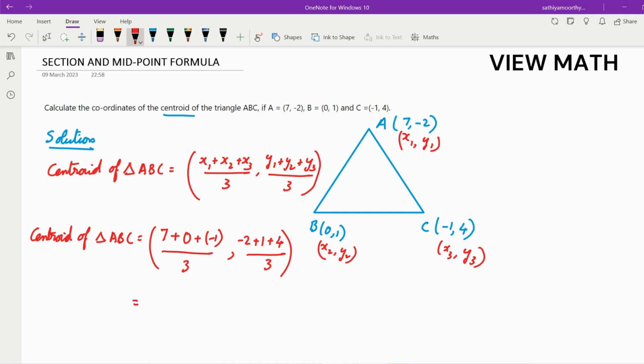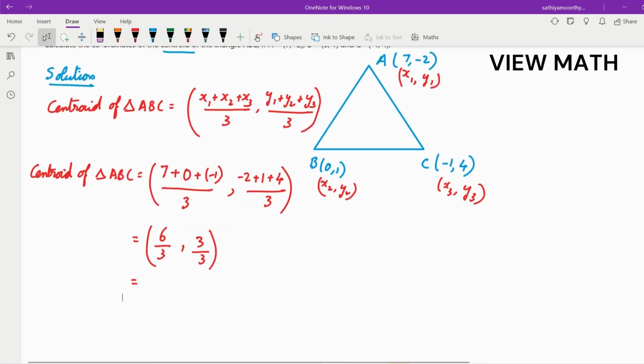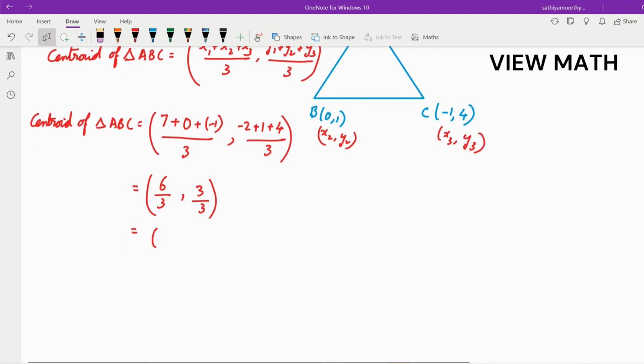This is equal to 7 minus 1 is 6 by 3, comma, minus 2 plus 1 is -1, plus 4 is 3, by 3. So 6 by 3 is 2, comma, 3 by 3 is 1. So we have found the centroid of the triangle ABC: 2, 1.